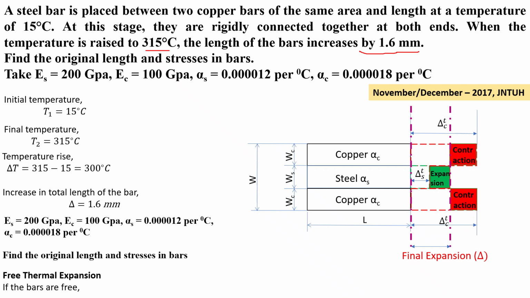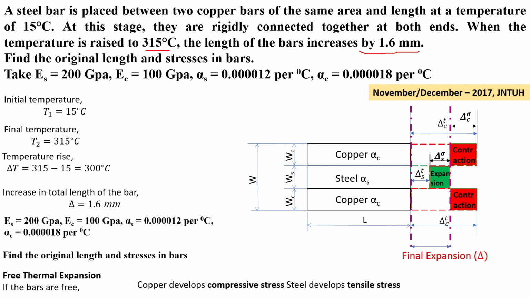So in this regard, copper bar contraction takes place to come to the equal expansion. So in the copper bar, it generates compressive stresses. Similarly, the steel bar tries to expand, so expansion takes place to come to the equal expansion. So in the steel bar, it will generate tensile stresses.